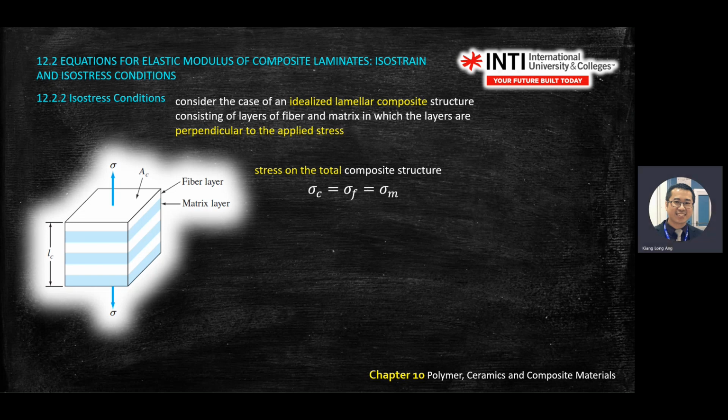So the stress of the total composite will equal the stress felt by the fiber and felt by the matrix, which will be the same. Okay, because they are glued together. So when you pull them at both ends, fiber and matrix feel the same. Right? It means the stress acting on it will be the same. And this one is under isostress. Okay.